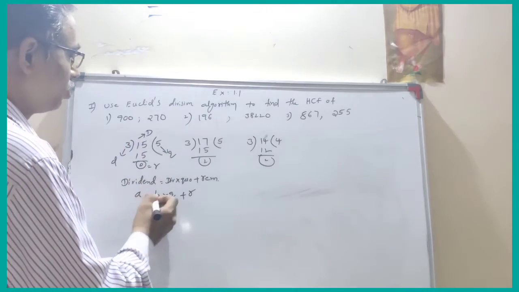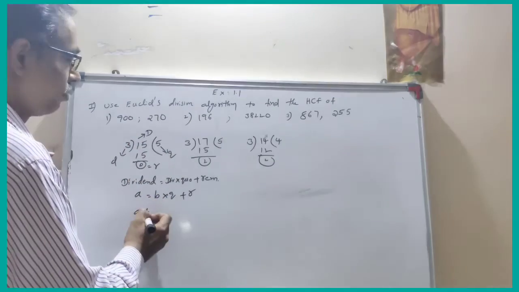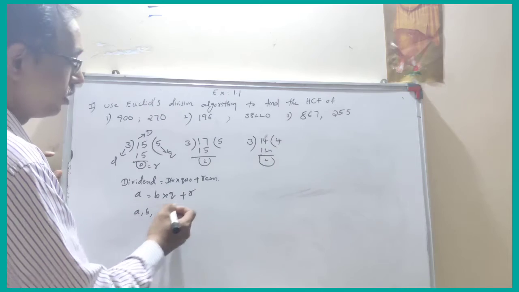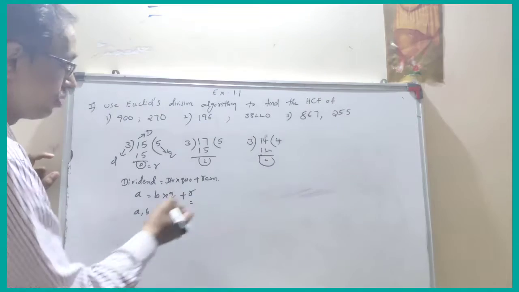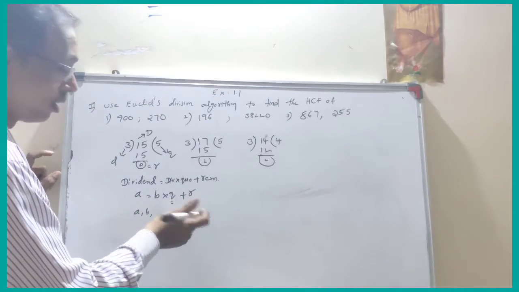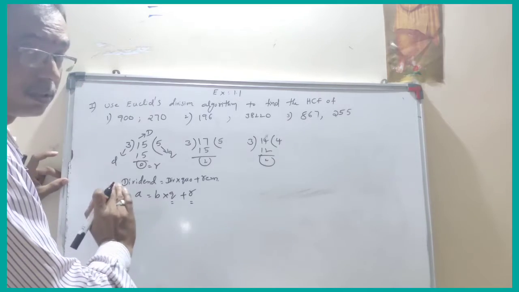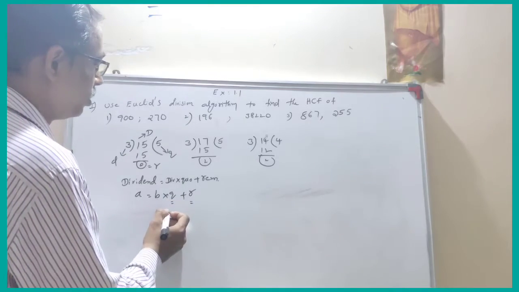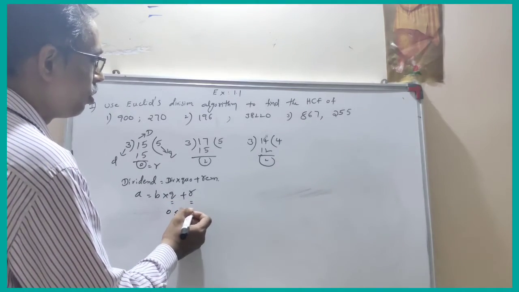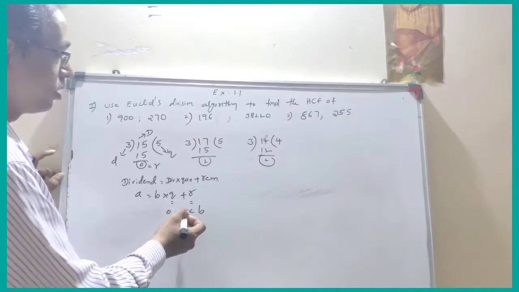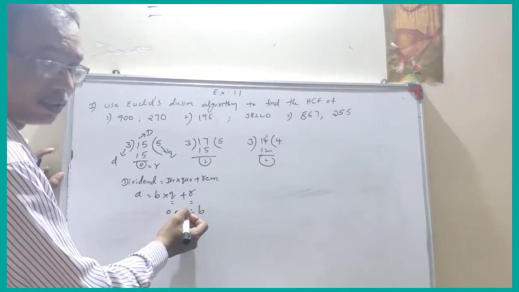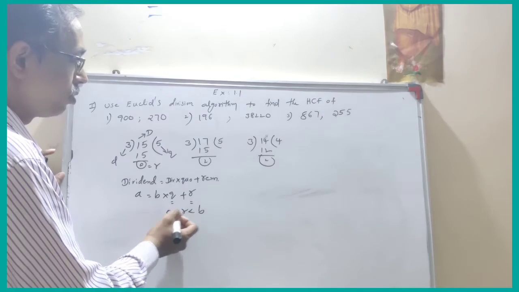If there exist any two integers A and B, and we divide A by B, then there exist Q and R such that A is equal to BQ plus R, and one relation exists here: 0 is less than or equal to R, less than B. That means the R value is always less than the divisor B and greater than or equal to 0.